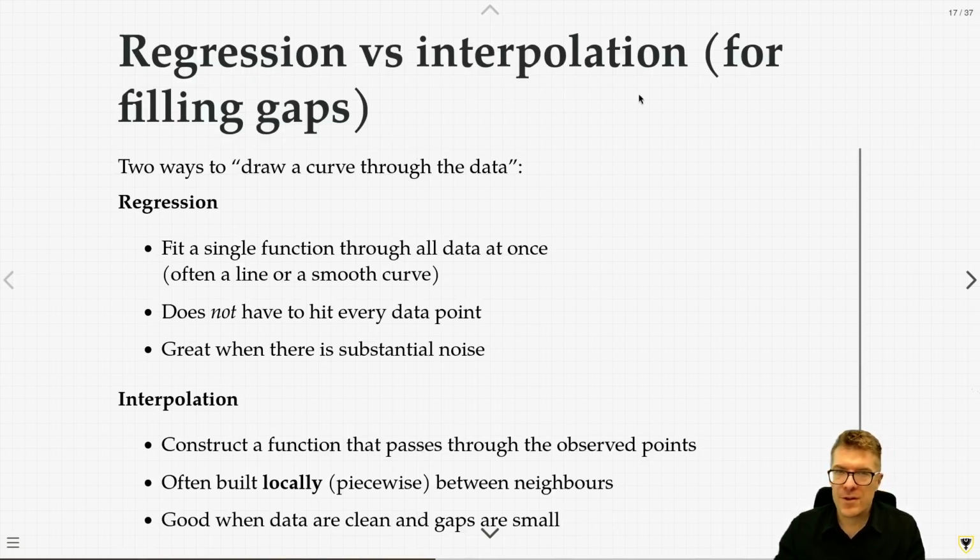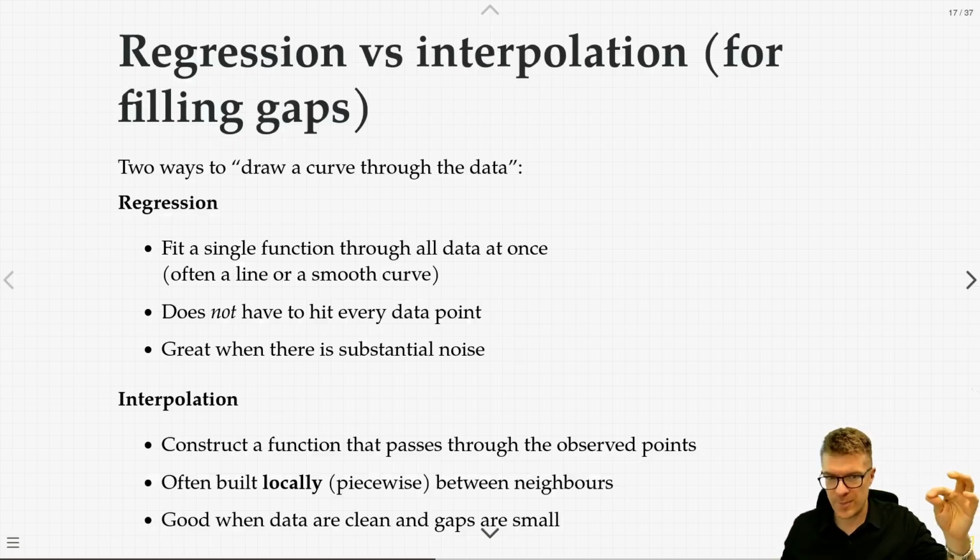So here's regression versus interpolation. This can be used for filling gaps. There are two ways that we can draw a curve through data points. The first one is regression, where we just fit a single function through all the data at once. You've probably seen this in your spreadsheet applications. You have all your data, and you have a single line that goes through it. These lines won't necessarily touch all the data points.